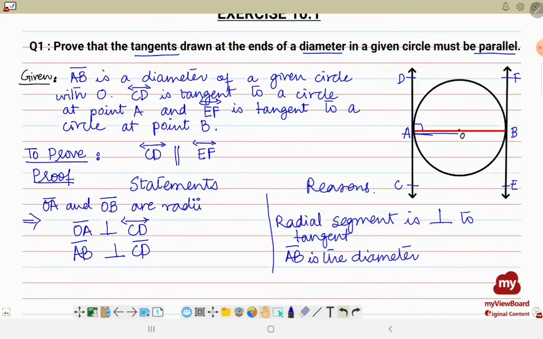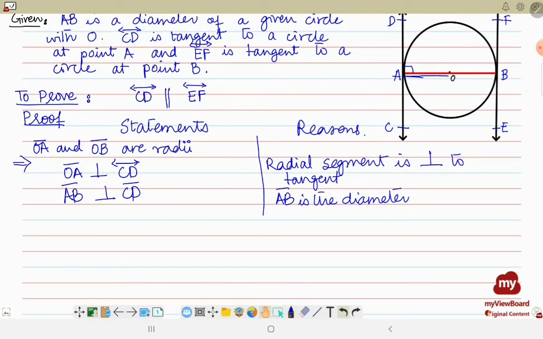Now let's move to the other line. Which line is it going to be? Now we'll talk about EF, right? Similarly now EF is a tangent line.